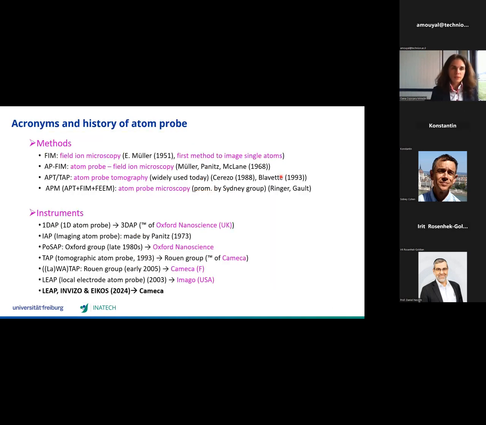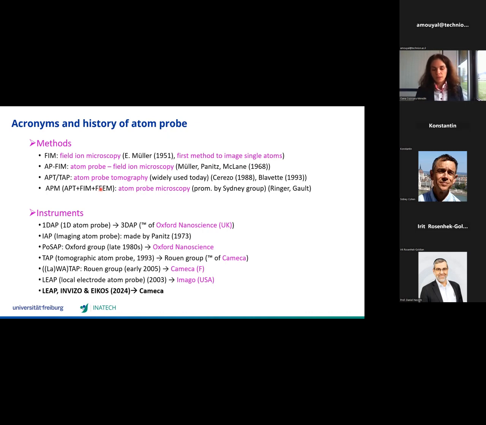So what are the methodologies which have been used and developed over the years? As I said, in the 1950s, we have field ion microscopy with Erwin Müller. Then Panitz came and developed the concept of the atom probe, because field ion microscopy does not say anything about the chemical identity. It just says how the ions are distributed structurally on the surface of the tip.